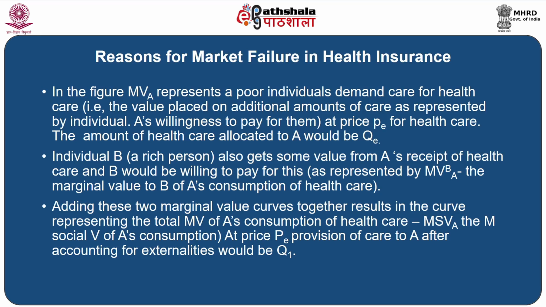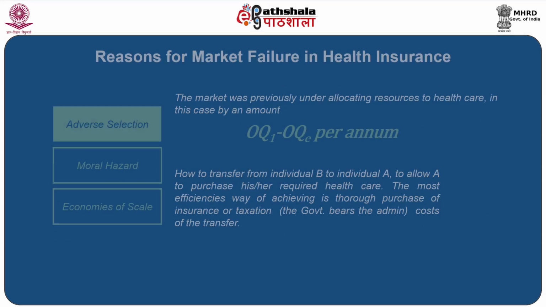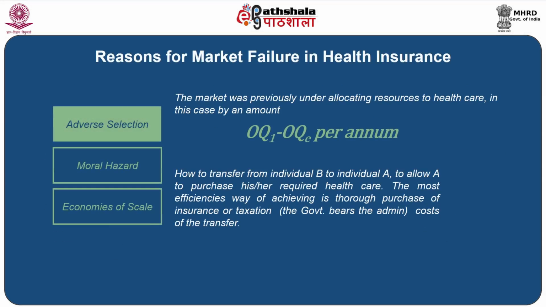Adding these two marginal value curves together results in the curve representing the total marginal value of A's consumption of healthcare, that is MSVA, the marginal social value of A's consumption at price PE. Provision of care to A after accounting for externalities would be Q1. The market was previously underallocating resources to healthcare, in this case by an amount of OQ1 minus OQE per annum.